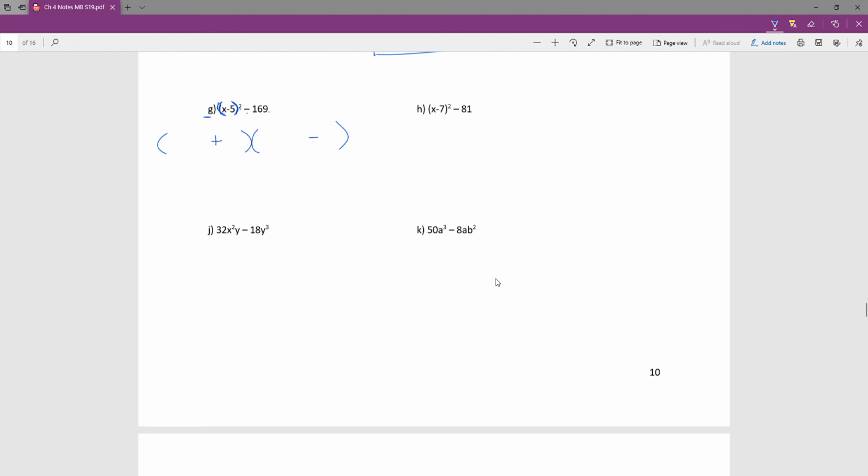So one bracket gets to be positive, one bracket gets to be negative. And honestly, the second term in here is a whole lot easier to do than the first term. So we'd have 13 in both places. Remember, when we're taking the square root of something, we're saying what times itself gives me what I'm after. So here, this is literally x minus 5 times itself.